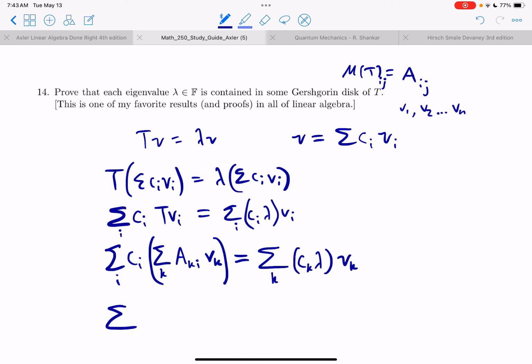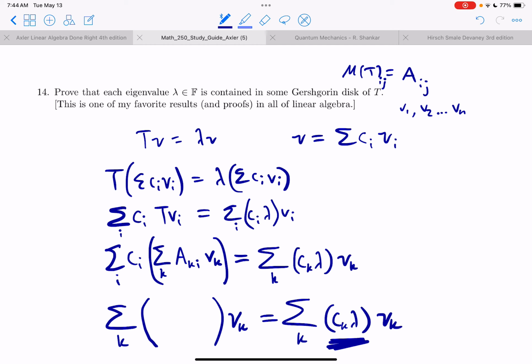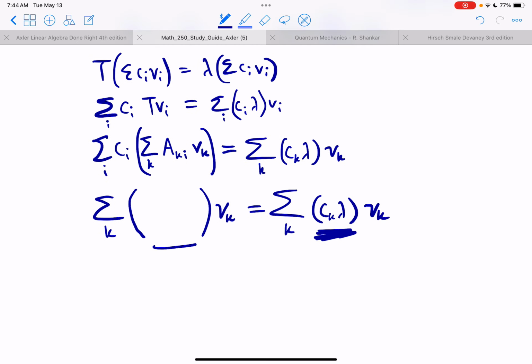Let's write this as a sum over k, and then collect all the terms which appear in front of the vector vk. So the coefficient of vk over here is ck lambda. The coefficient of vk over here is a sum over i of ci a_ki.